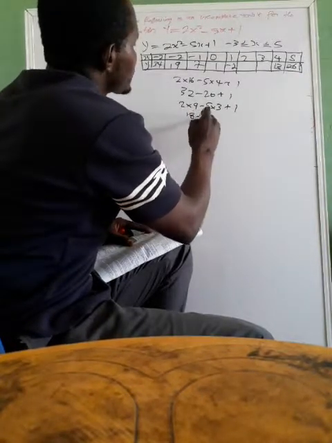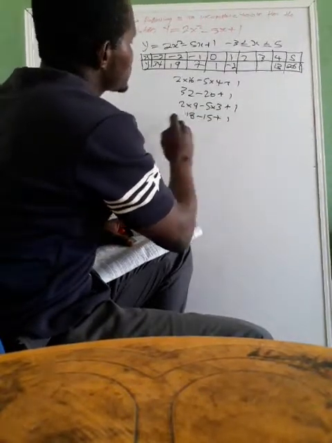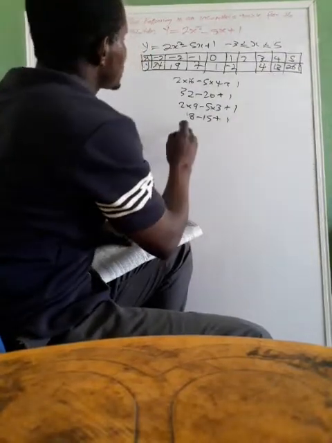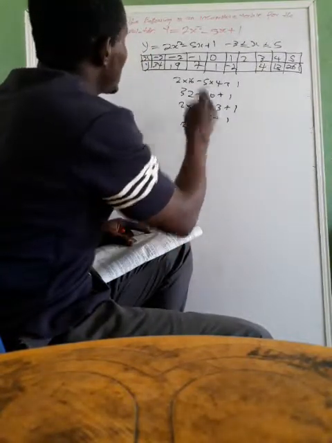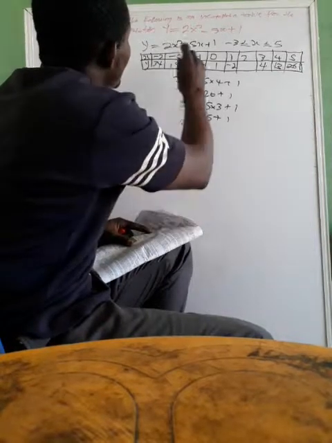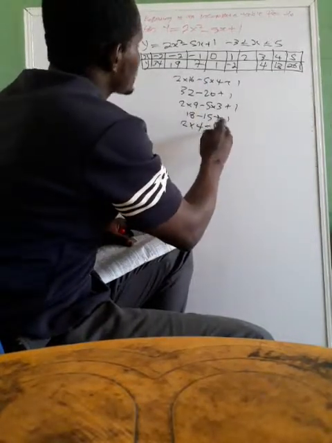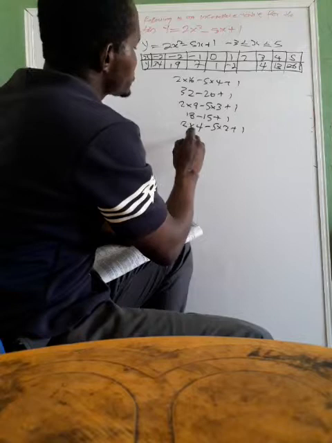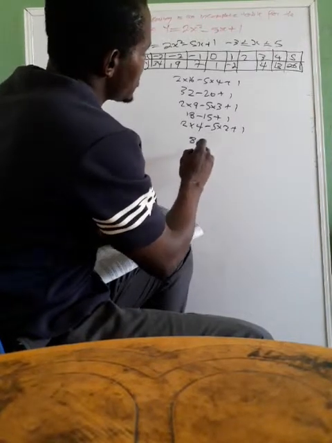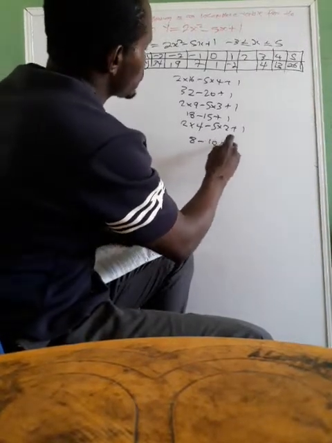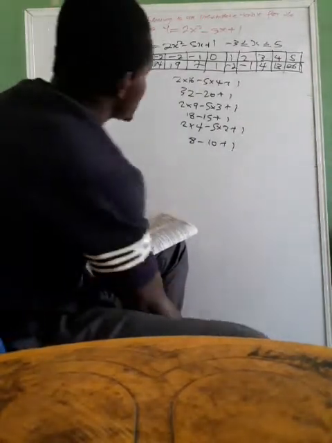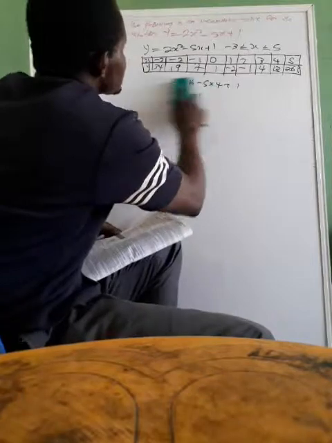So 18 minus 15 plus 1, that will be 4. When x is 2, we have 2 times 4 minus 5 times 2 plus 1. So 8 minus 10 plus 1, minus 2 plus 1. This one is minus 1. So that is the complete table.